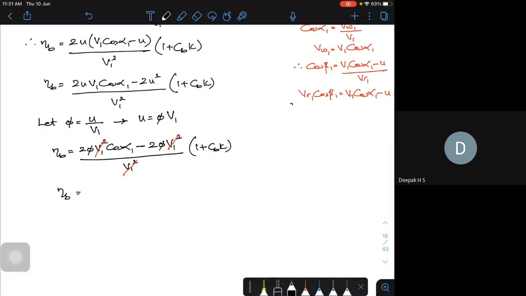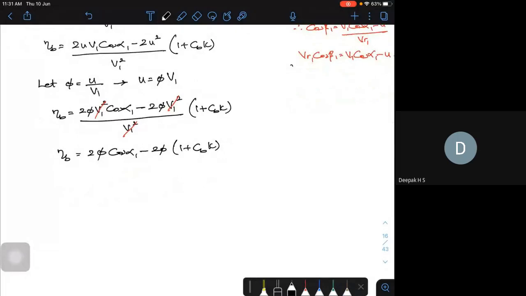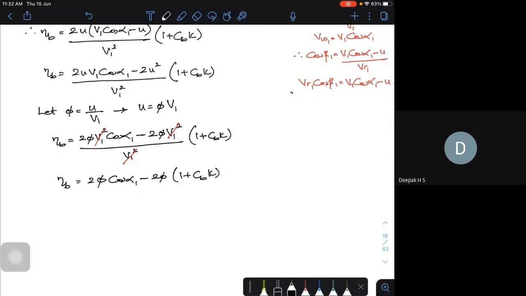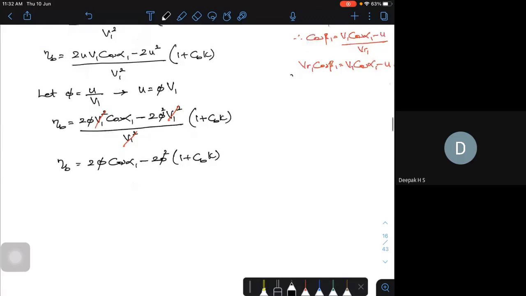Your blade efficiency is equal to 2 into phi into cos alpha 1 minus 2 phi square, over 1 plus CB into K, or if I take phi outside, it will be phi square into V square, that is phi into U square.